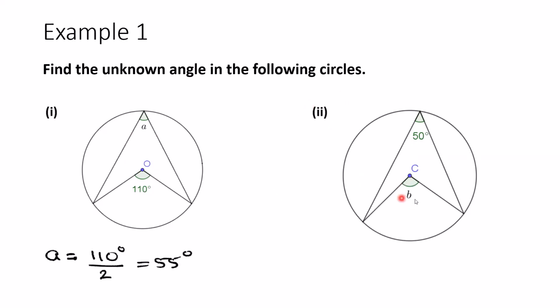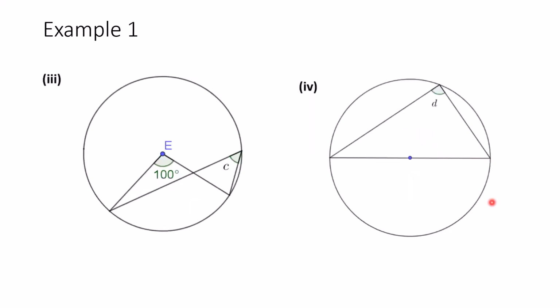Angle at center is B, and angle at circumference is 50. So B is equal to 2 times 50, which is 100. Part 3. Angle at center is 100 and angle at circumference is C. So C is equal to 100 divided by 2, which is 50 degrees.